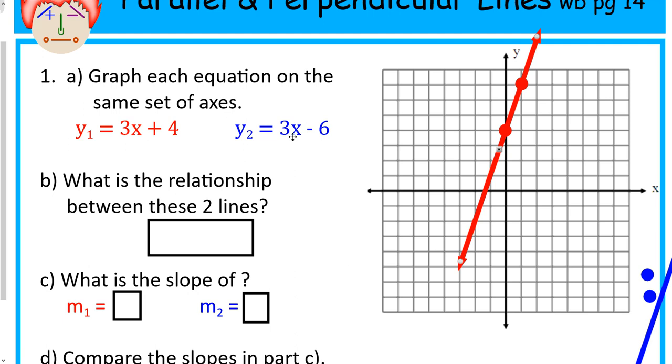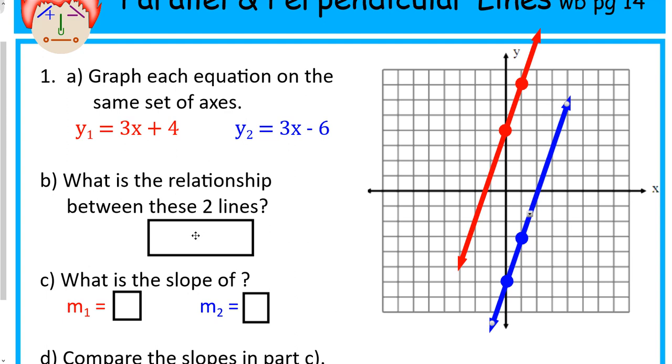Do the same thing for the blue line. Start on the y-axis. The y-intercept is -6. 1, 2, 3, 4, 5, 6. So we're starting here. From that point, use the slope to get a second point: 3 over 1, up 3 and over to the right 1. There we go. You can see that these two lines are going to be parallel.